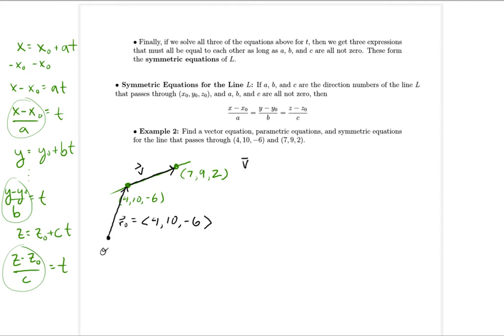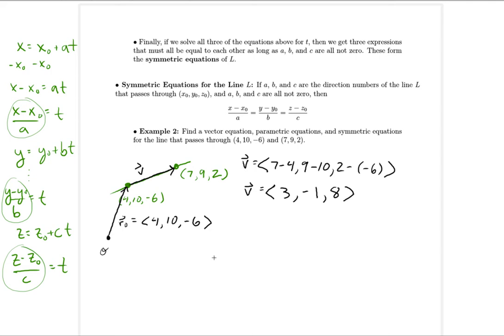And then of course v can be 7 minus 4, 9 minus 10, 2 minus negative 6, just subtracting these points' x, y, and z values. So my direction vector is 3, negative 1, 8. And that's enough right there.